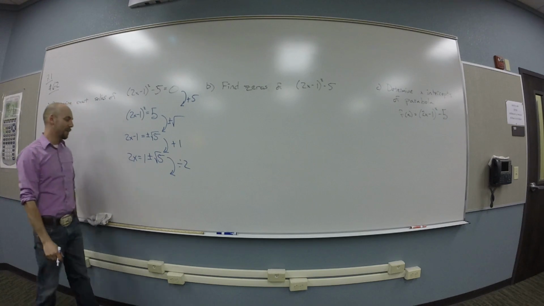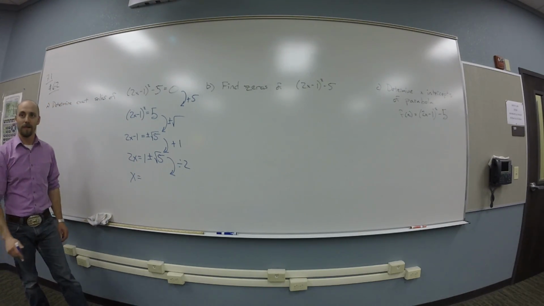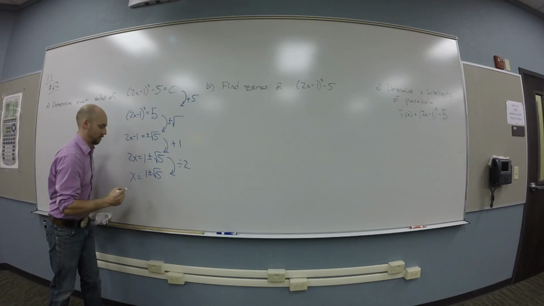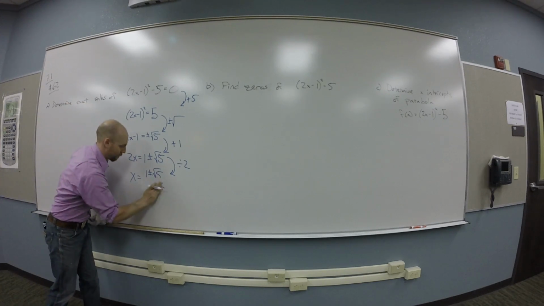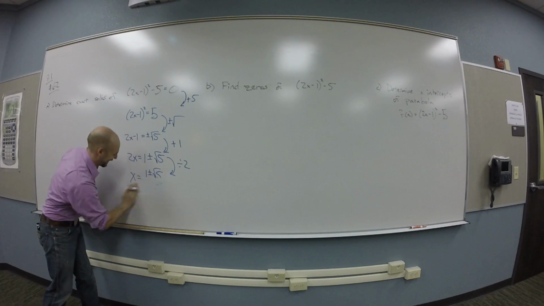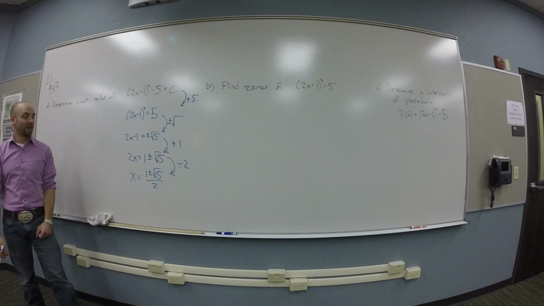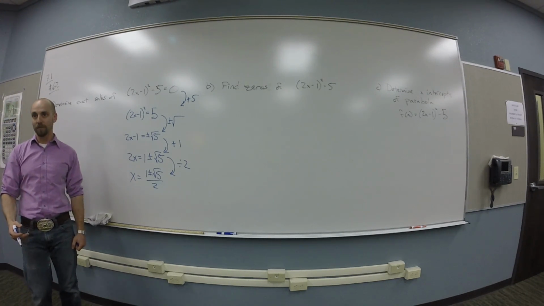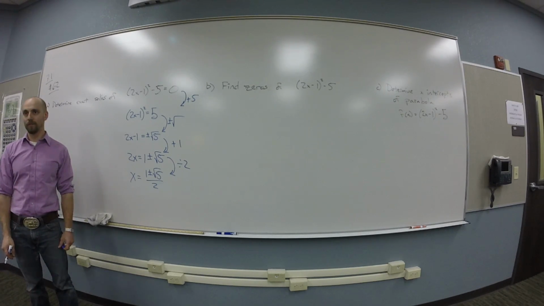So we divide by 2, we get x is 1 plus or minus the square root of 5, the whole entire thing, over 2. The whole left or right hand side over 2, so the quantity 1 plus or minus square root of 5, over 2.